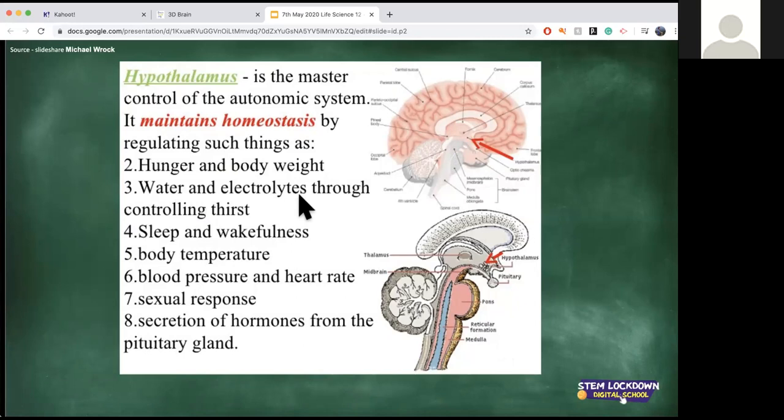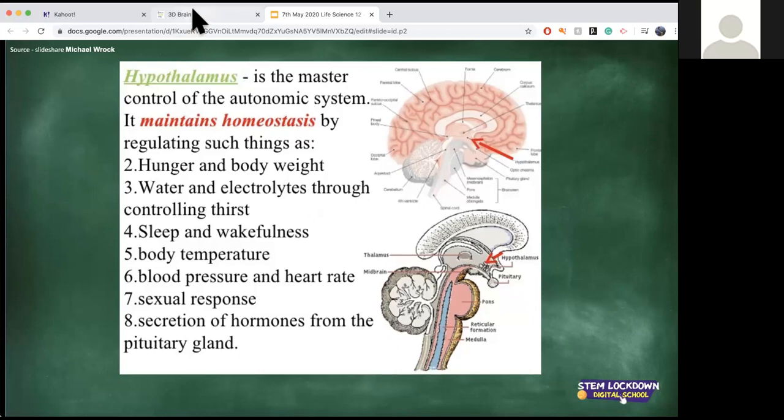So if your water intake is low, your electrolytes are out of balance, you will become thirsty. Sleepiness and wakefulness, so it manages when you go to sleep, body temperature, blood pressure, heart rate, sexual response, secretion of hormones from the pituitary gland. All of this is managed by your hypothalamus.